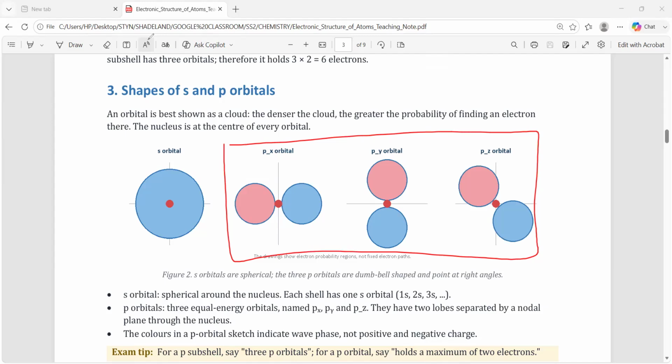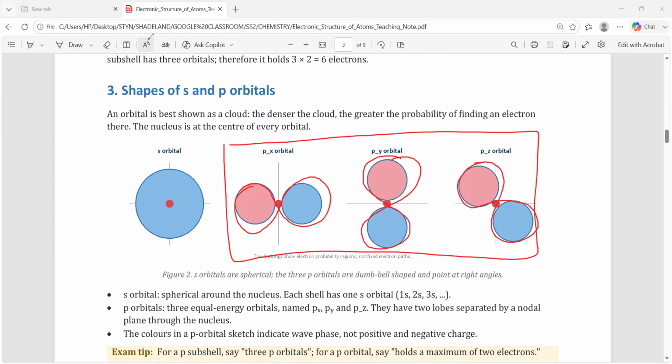Now, to make this a little bit easier for you, write this down: the p orbital has a dumbbell shape, like figure 8. Dumbbell shape. That's mostly what you are going to see in your textbooks. Now here they are separated because if they are brought together, it's going to look too complicated and difficult for you to understand.